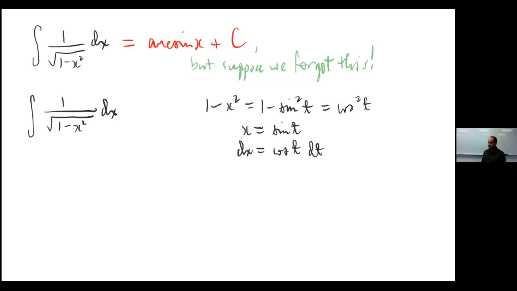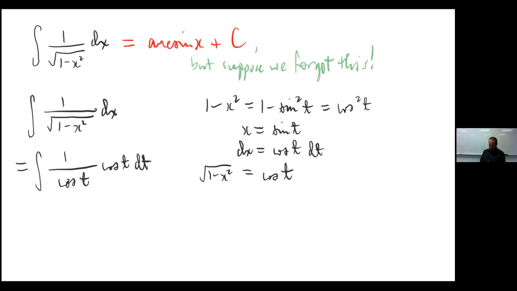Well, look what's going to happen here. What is the square root of 1 minus x squared going to be equal to in this case? It's the square root of cosine squared t, which is just cosine t. So this is going to be the integral of 1 over cosine of t, and dx is cosine t dt.